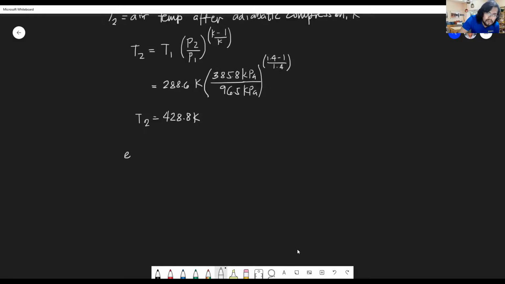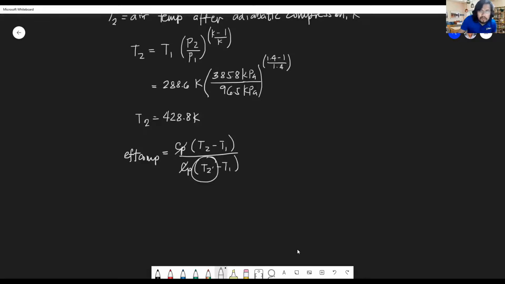Efficiency is equal to Cp times T2 minus T1 over Cp times the quantity T2 prime minus T1. Cp just cancels out.